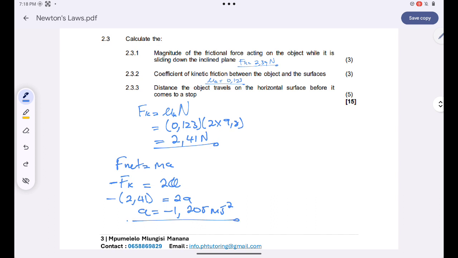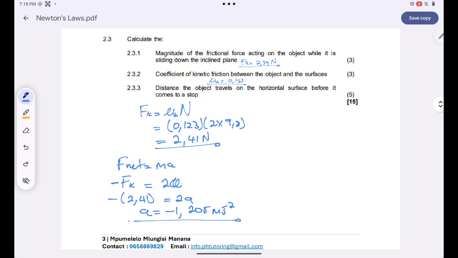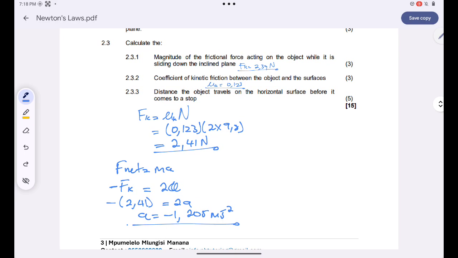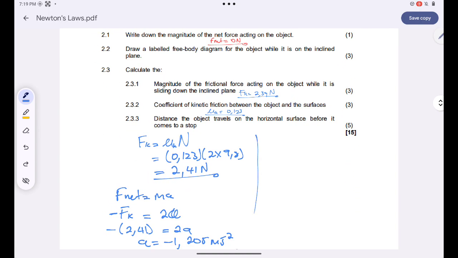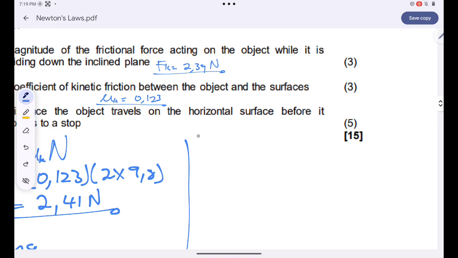Are you together? So now I do have the acceleration of the object whenever it moves through the horizontal surface. I know the initial velocity, the final velocity, and I also know the acceleration. So if I write down the data that I have, I know that the initial velocity at position B is 1.5 meters per second.